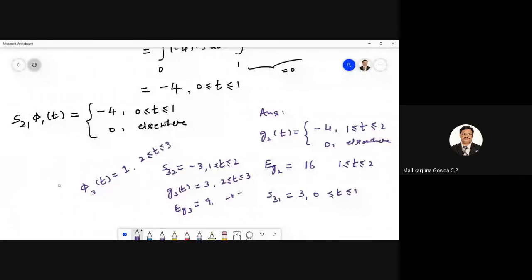No, so I will tell here. The value of pi 2 of t will be equal to minus 1 over the interval 1 to 2.